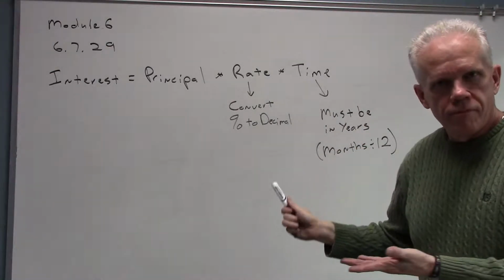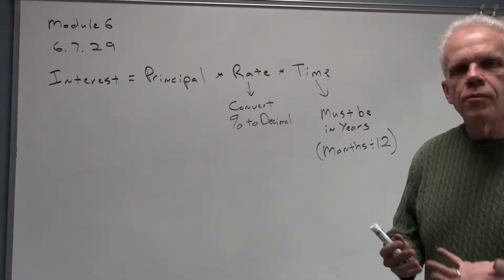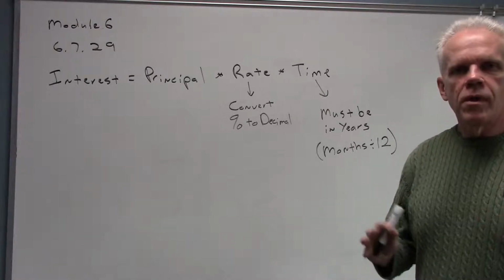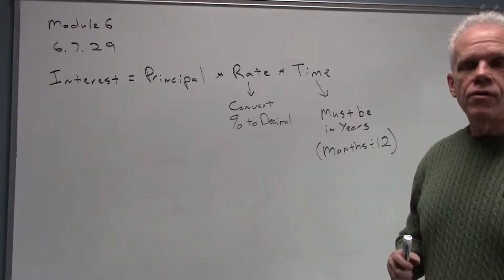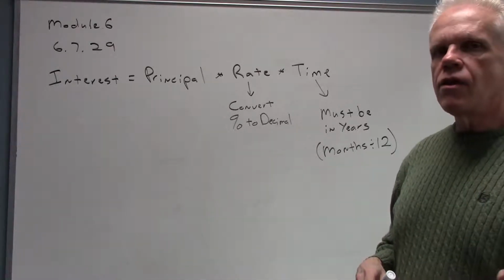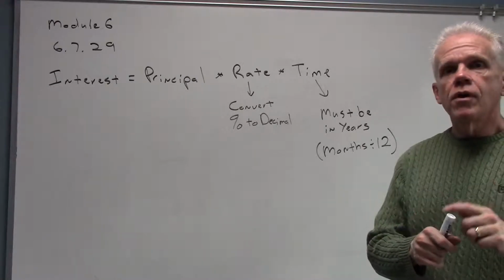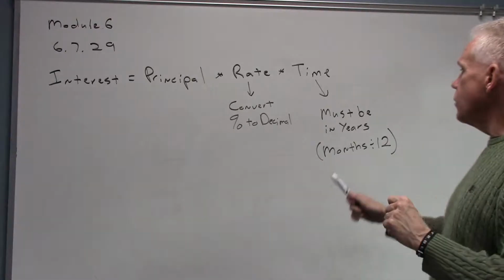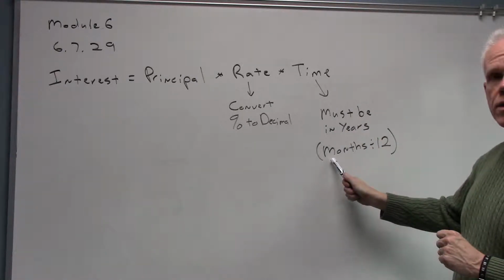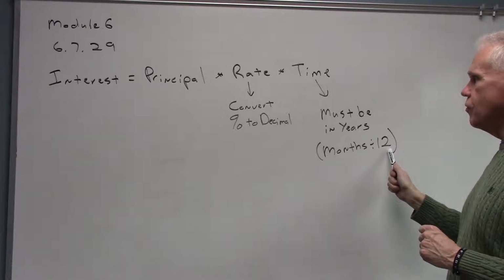If you're borrowing the money for 3 years or 8 years, we just put the number of years in. But sometimes the time is given in months. If the time were given in months, we'd have to convert months to years. The way we would convert months to years would be the number of months divided by 12.